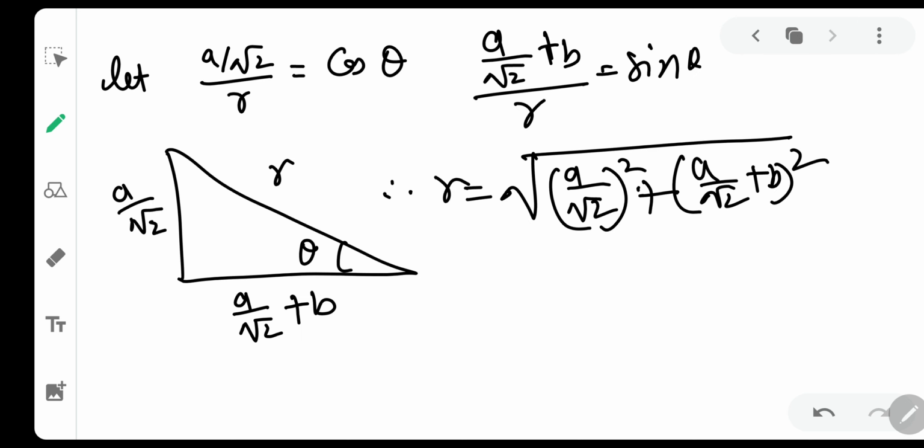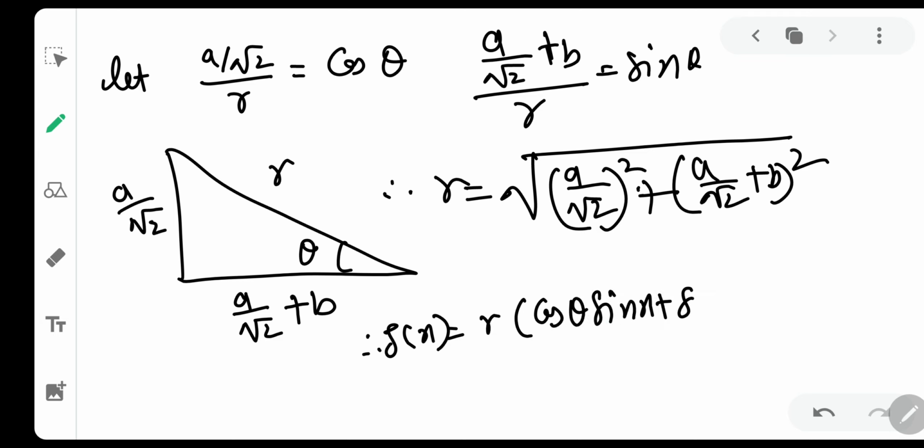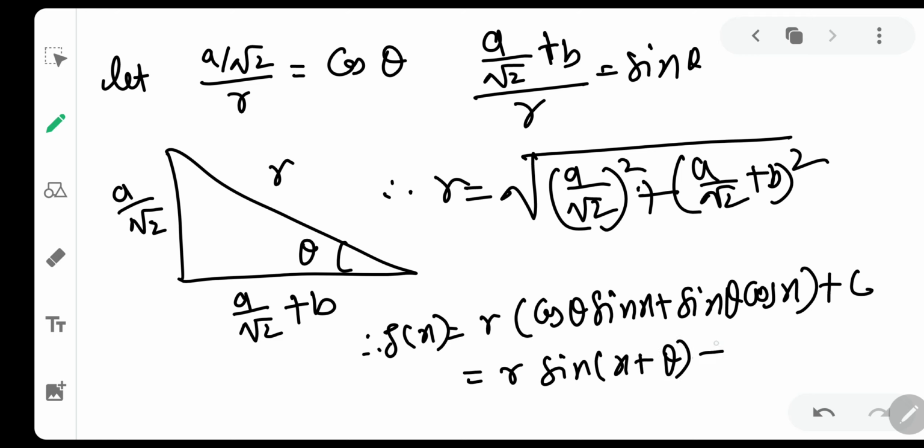So basically what I mean to say is we got the theta. So therefore I can say f of x is equal to r times cos theta sin x plus sin theta cos x plus c. So that would be equal to r times sin of x plus theta plus c.